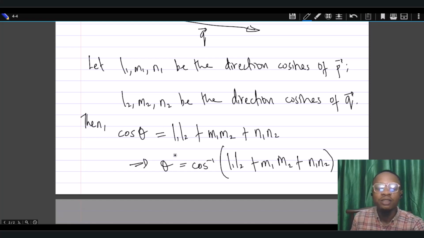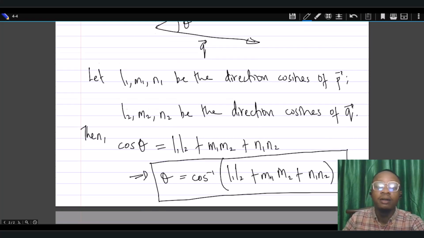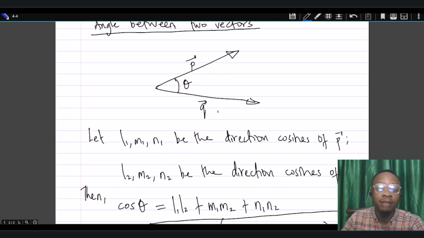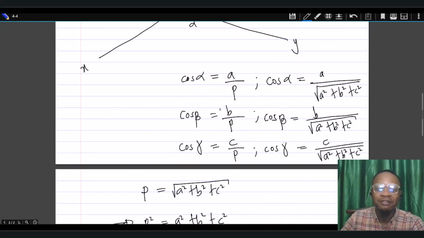This will give us the angle between the two vectors P and Q. We will consider why this is correct as we proceed with this course. For now, just take it as that. You'll see how it works as we proceed. All right, so that is that about the direction cosines of a vector.